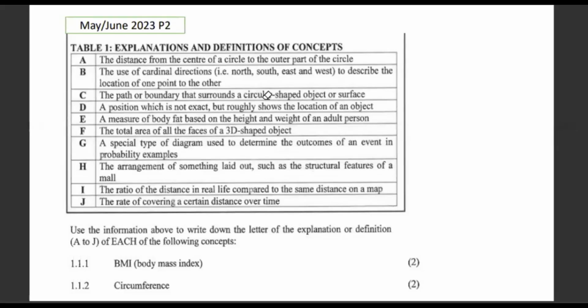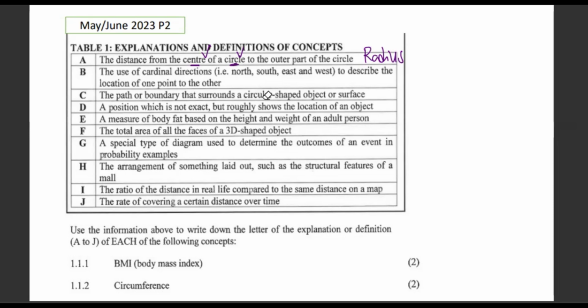This one came from May/June 2023, under paper 2. So here we expect measurements. You can go through this expression. The distance from the center of the circle to the outer edge is supposed to be the radius. Why am I saying radius? It's from the center of the circle.